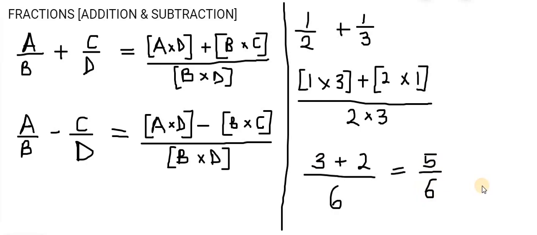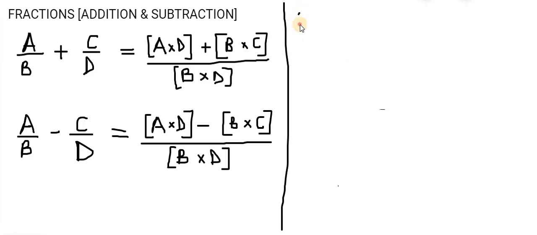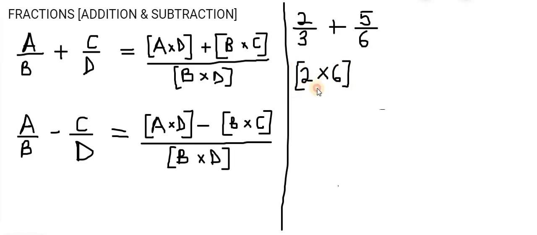Okay. Now, once again, 2 over 3 plus 5 over 6. First things first, 2 times 6, so in the same positions as a and d. The sign is plus, and then b times c, so 3 times 5.